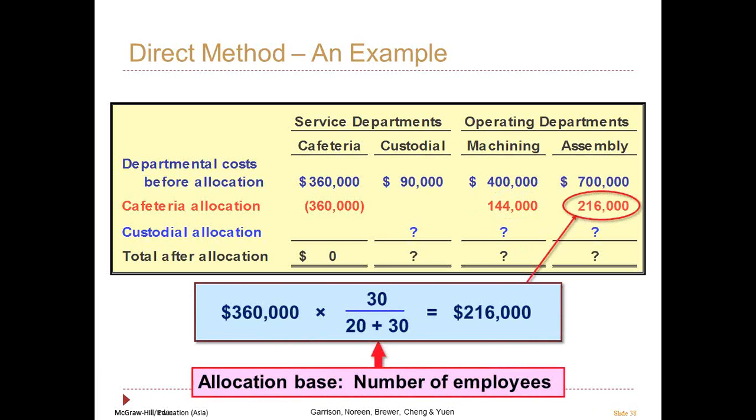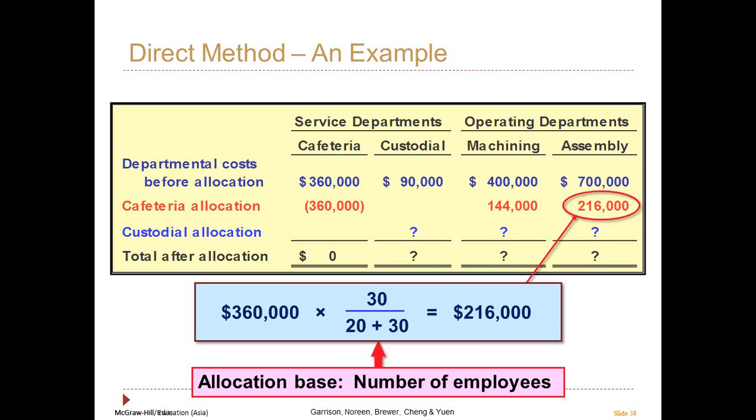Now, let's allocate cafeteria costs to assembly. The allocation percentage is calculated by dividing the number of employees in an operating department by the total number of employees in the allocation base. For assembly, the allocation percentage is 60%, obtained by dividing 30 employees by 50 employees.